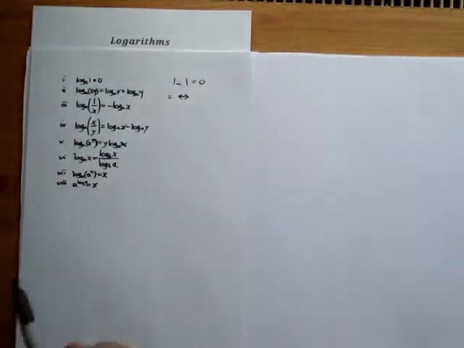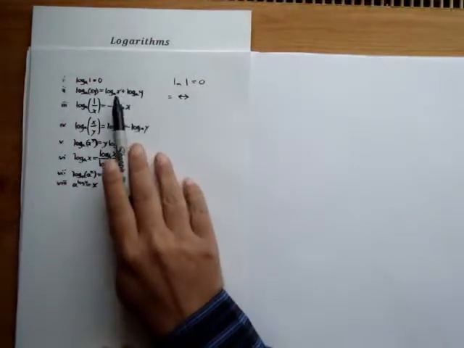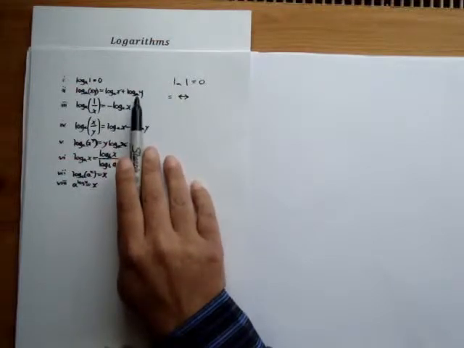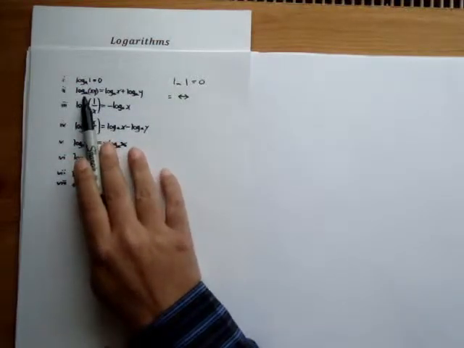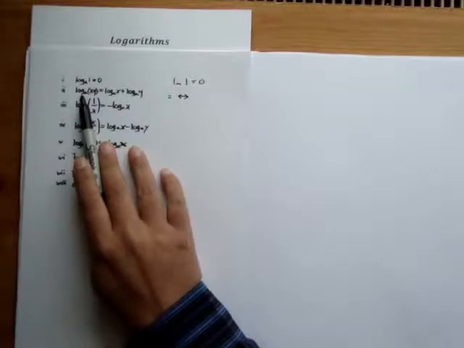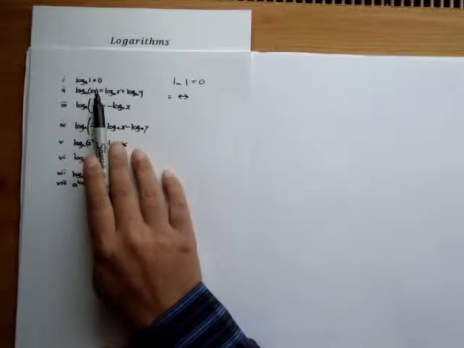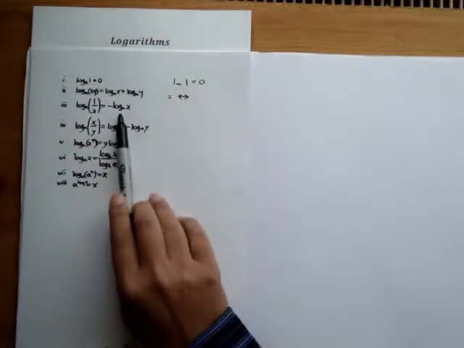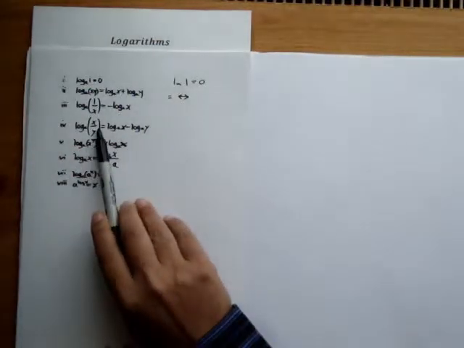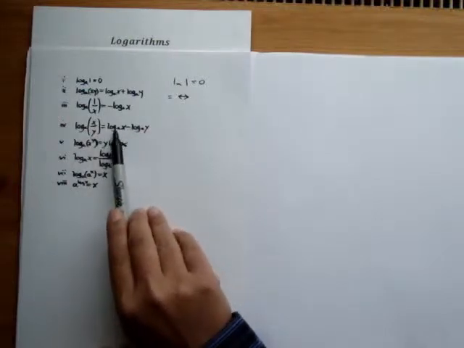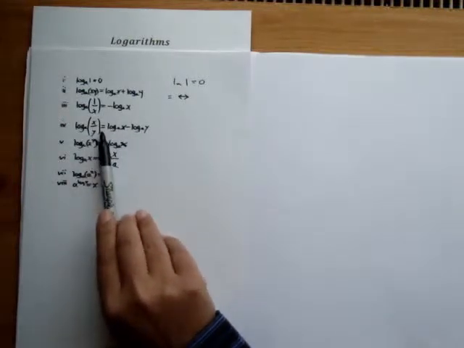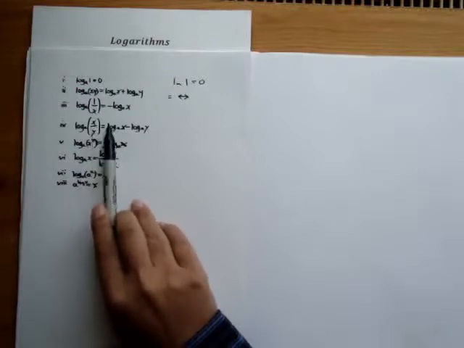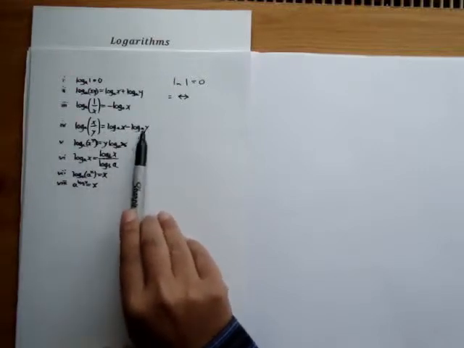So if you have the log of x and the log of y to the same base plus each other, they can be rewritten as log of that same base, x multiplied by y. The log of 1 over x becomes minus log of x. For the log of a quotient, we subtract the log of the bottom, which is y, from the log of the top, which is x.